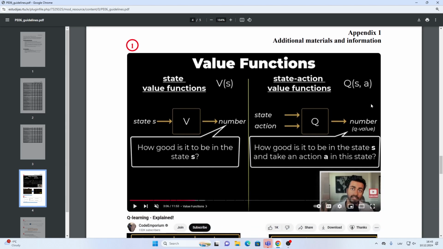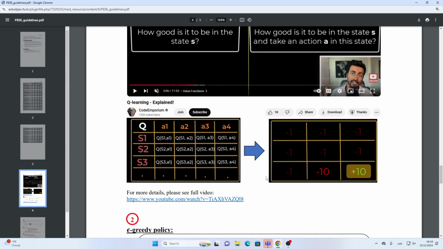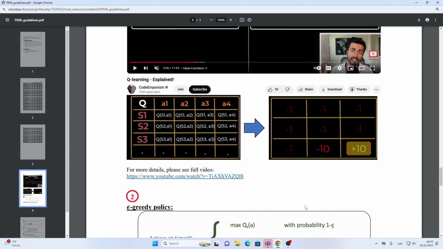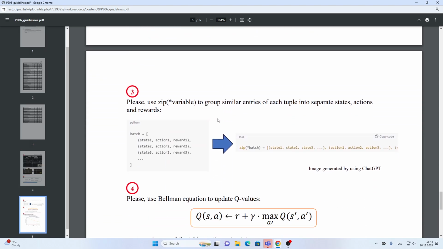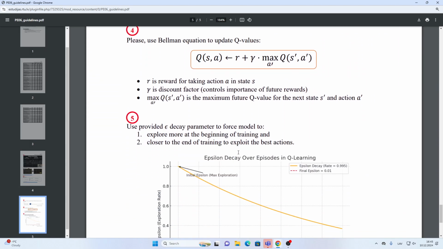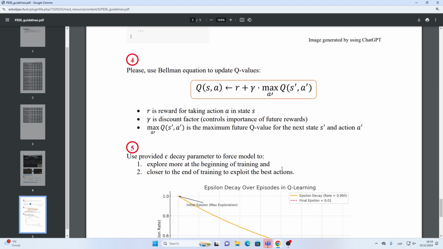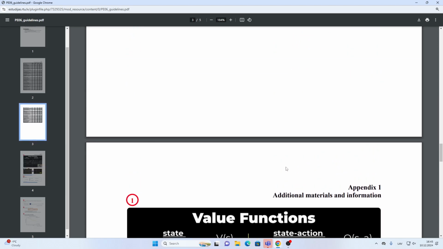Also in the appendix here I have some additional materials prepared for you. There is a quite nice video link which you can check out if you are confused about states, actions, the state and action matrix, Q values, and all that stuff. Also, what the greedy policy is, specifically the epsilon greedy policy, and how we are going to do certain things in our code. So we'll refer to that as we go.